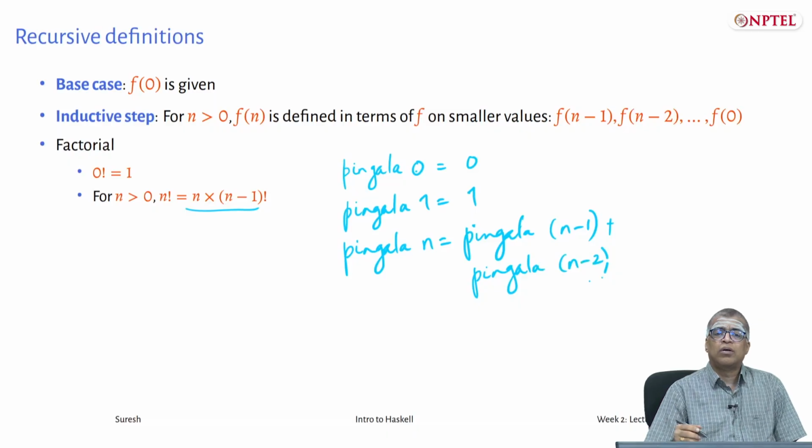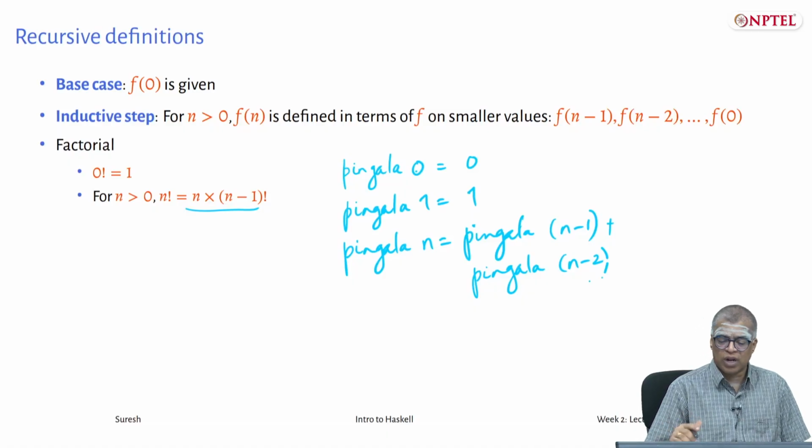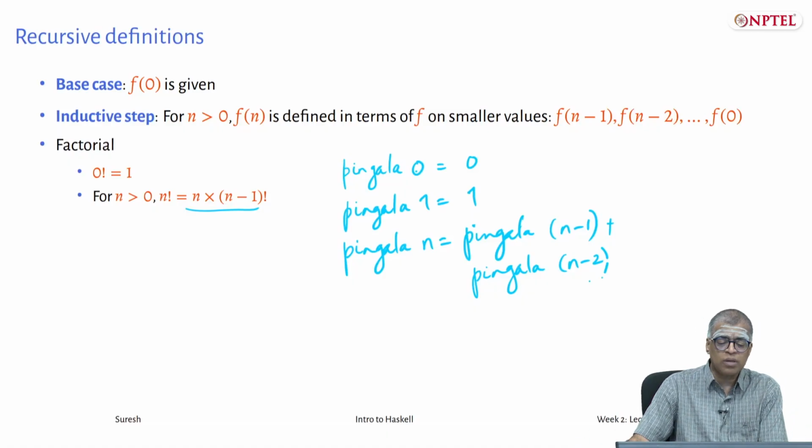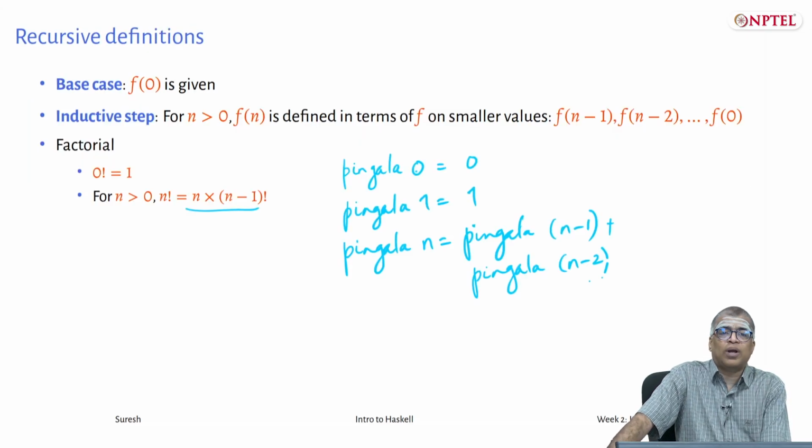Here you define the function on n in terms of the function value on two smaller arguments. Okay, fine. So let's see how you can program this in Haskell.